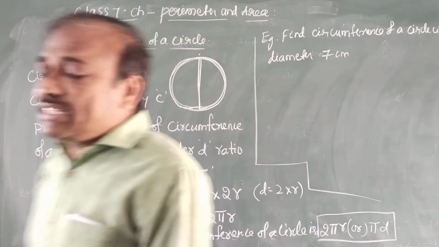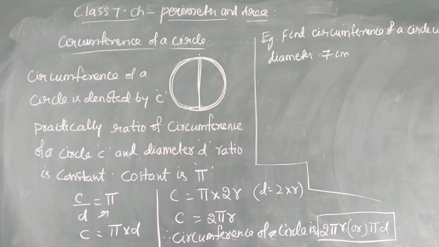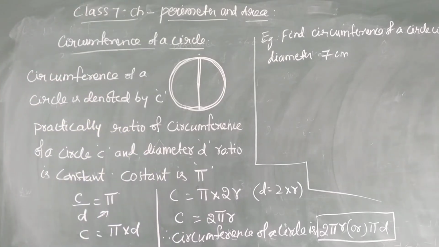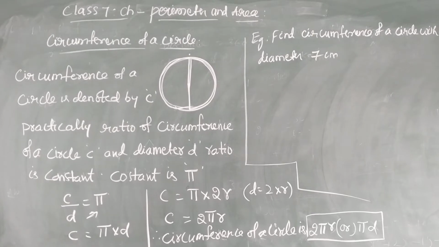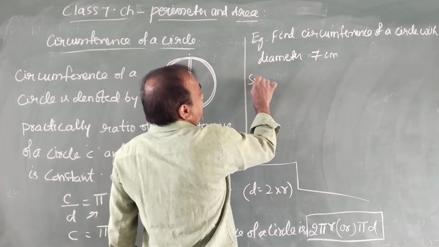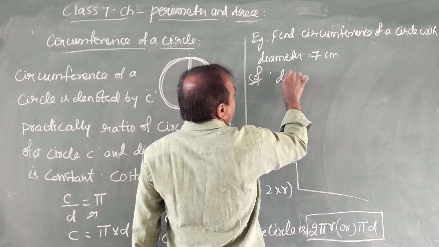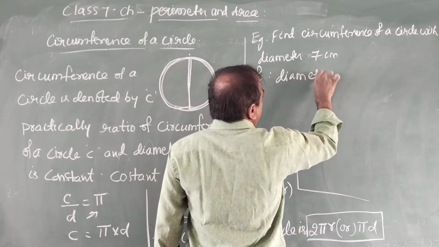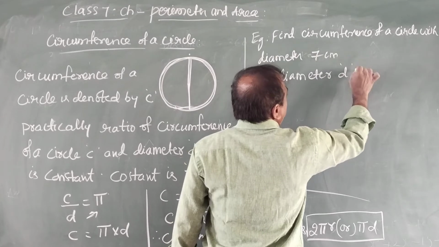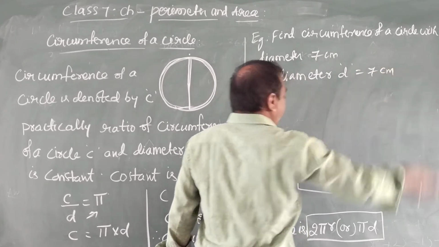With diameter 7 centimeters, we are going to find the circumference of the circle. So here, the diameter D is equal to 7 centimeters, as given.